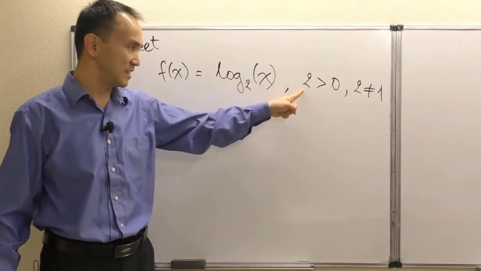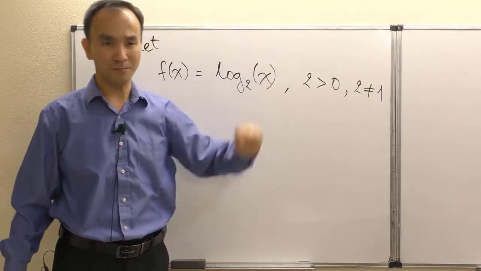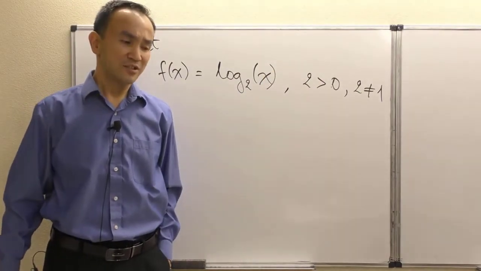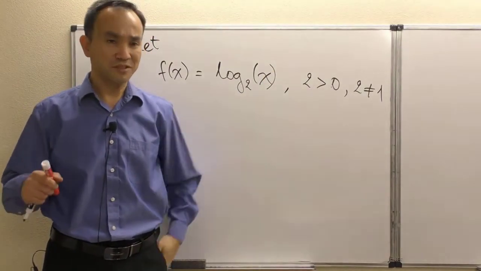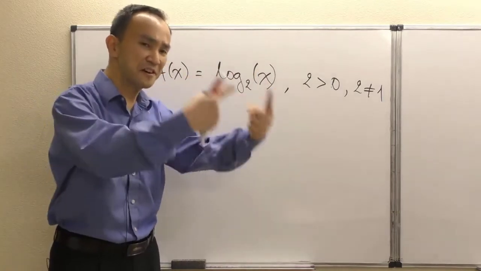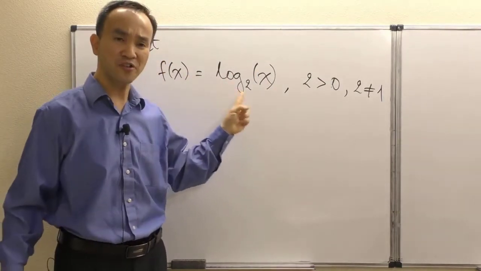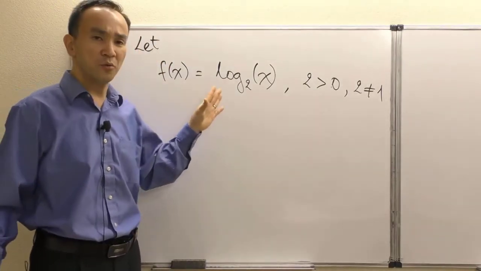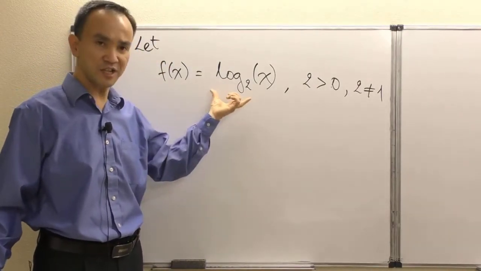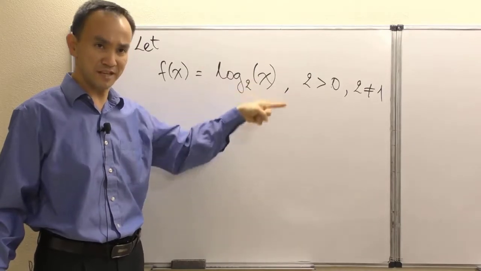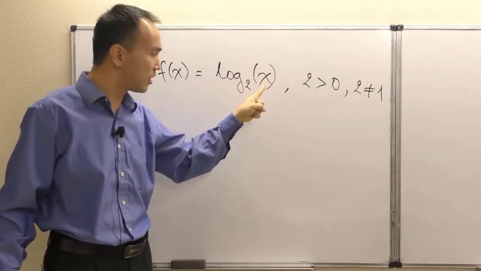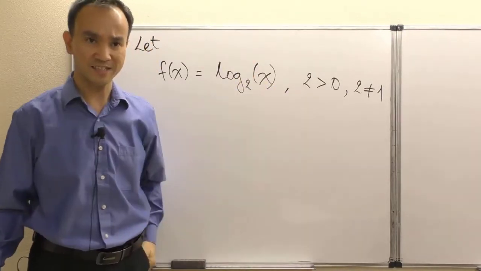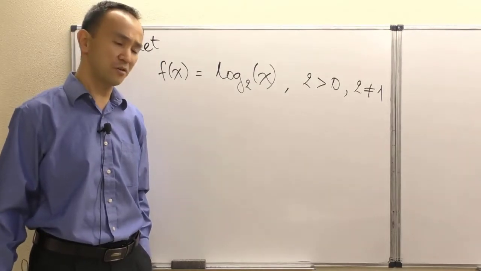So here my base has to be a positive number and other than 1. Now, back to what I was saying, we want to keep digging further into what we can do with a function that involves a logarithm, a function that we define as taking the logarithm operation on a given input x. All right, so let's see what we can do.